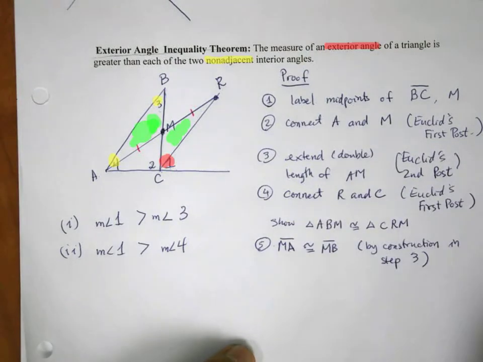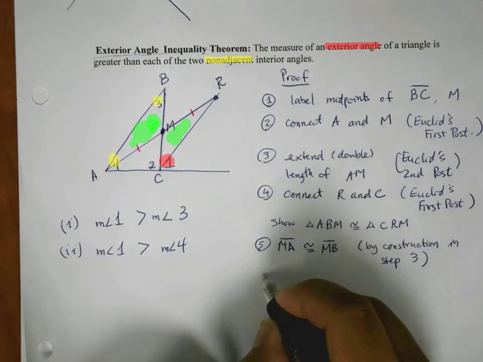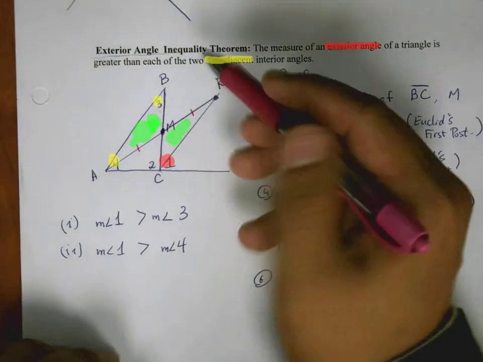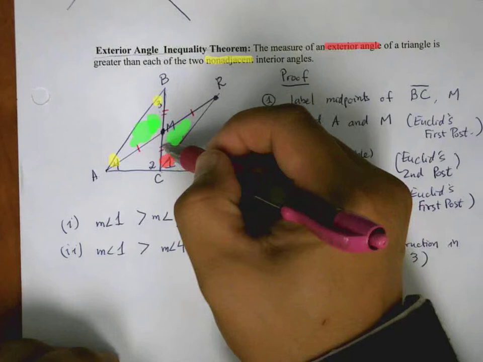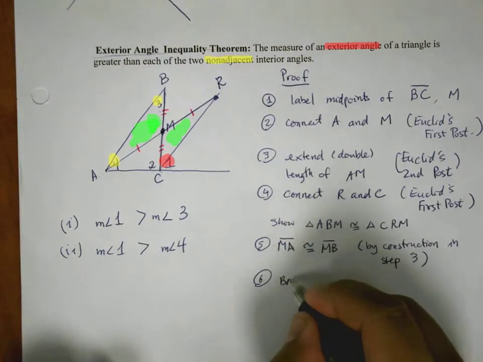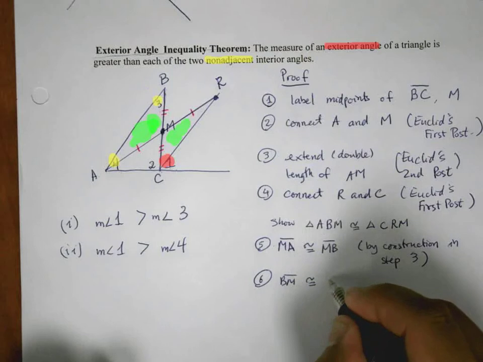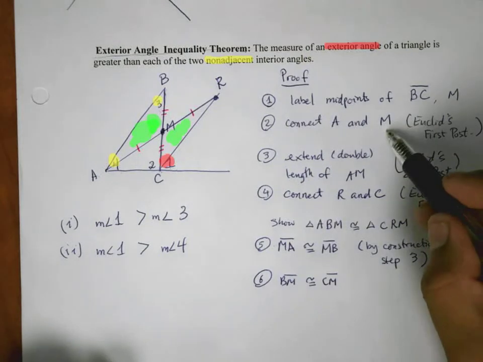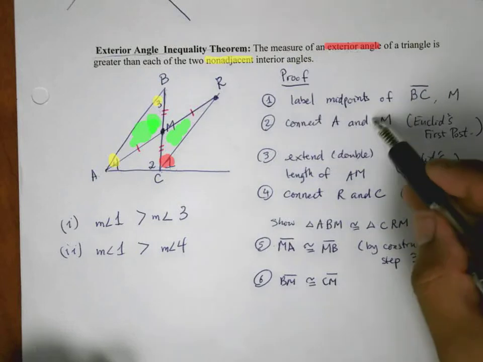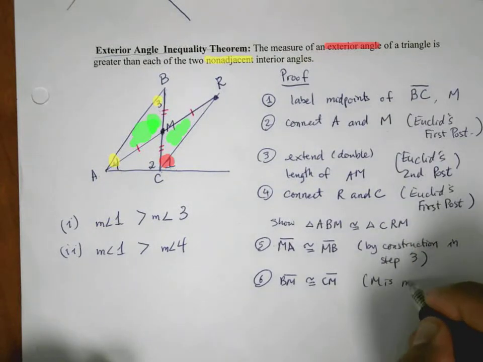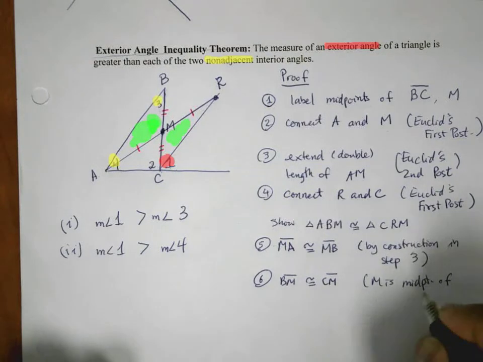Then we also know that BM is congruent to MC or CM. Okay. So BM is congruent to CM because of the definition of midpoint. The step 1 here, the definition of midpoint. So we can say that M is the midpoint of BC. Okay.